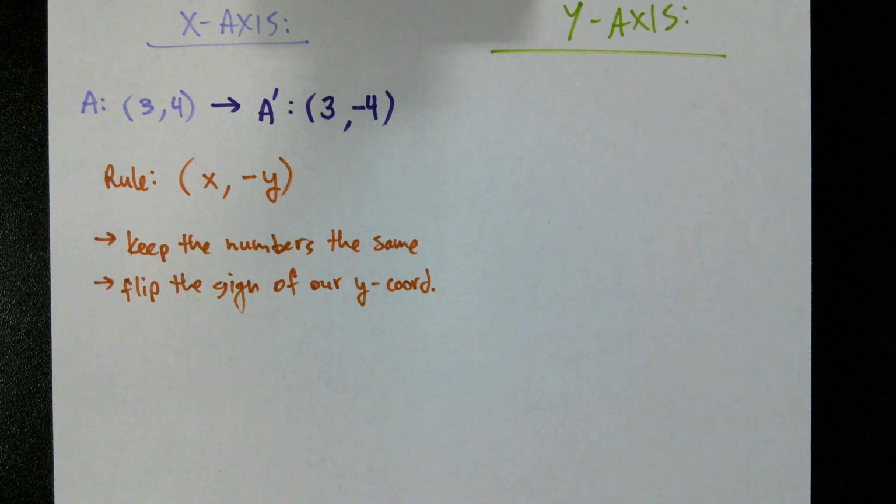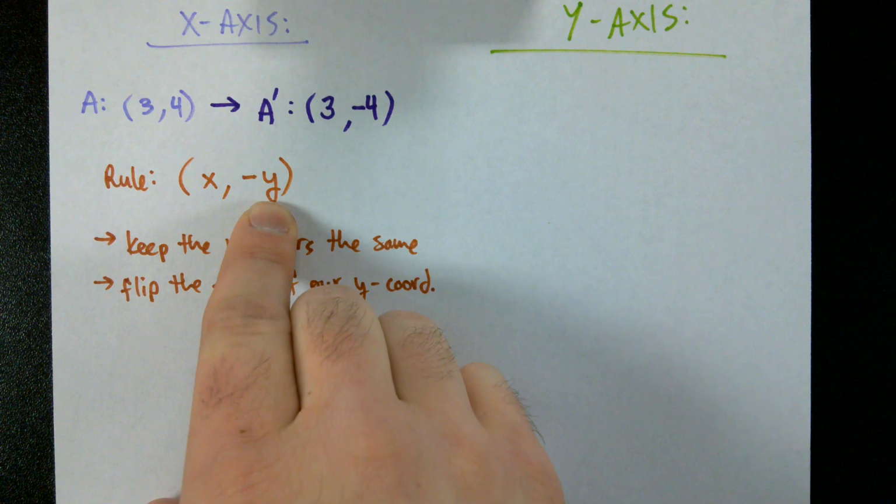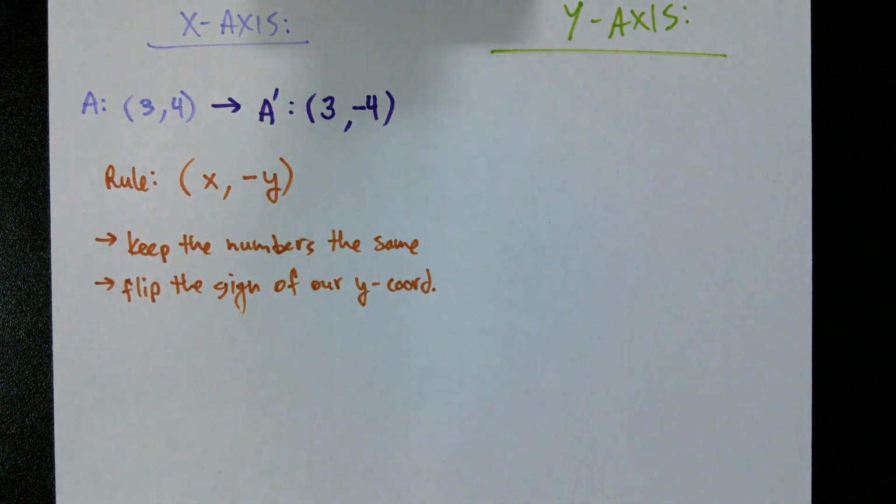We're flipping across the x-axis, so your brain is going to tell you to change the sign of the x-coordinate. You associate x-axis with x-coordinate. We actually have to do the opposite here. When we flip across the x-axis, we change the sign of our y-coordinate. That's the key thing we have to keep in mind here.